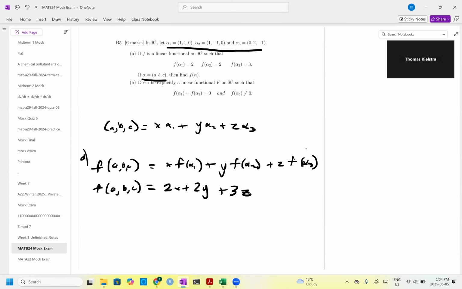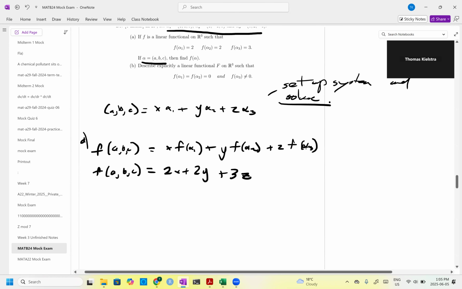And now I've got to figure out what x, y, and z are. And to do that, I set up a system and solve. I'm going to leave that as an exercise for you to work through.